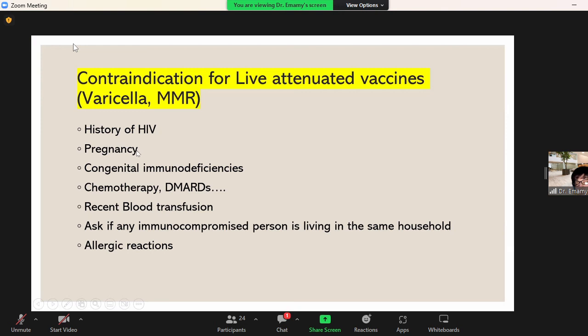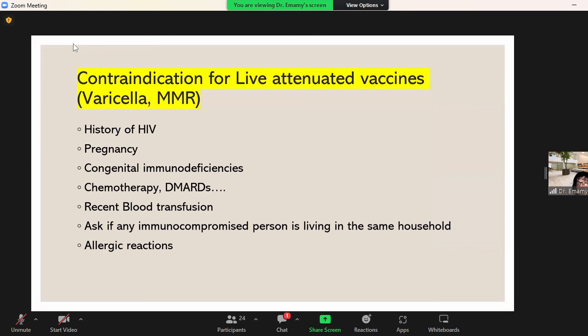During pregnancy, because varicella, MMR might be dangerous for the fetus. If the patient had a recent blood transfusion, could be even in the past 5 months, they shouldn't take live attenuated vaccine. If the patient has family members with immunodeficiency that live in the same household, again, you should not give live attenuated vaccine.